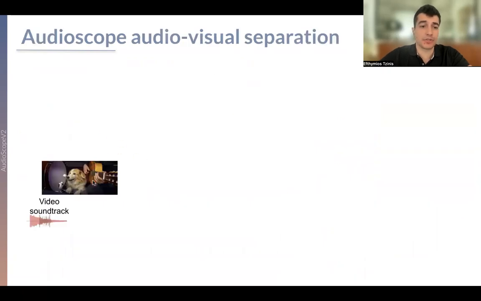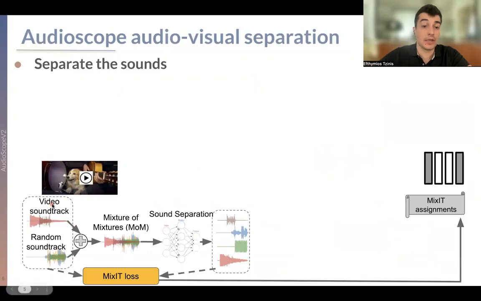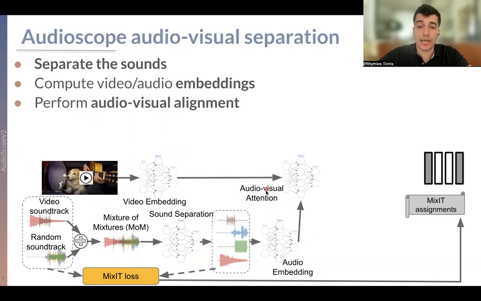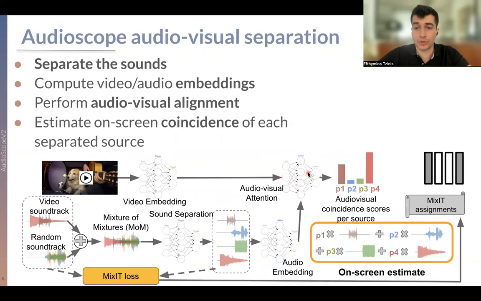In a nutshell, we start in AudioScope training with a video soundtrack. We randomly mix it with the soundtrack from the dataset, and we train a sound suppression model using a mixture invariant training loss, also obtaining the mixing assignments, which we use as pseudo labels. We compute a video embedding and one audio embedding for each of the estimated sources, and we align them through an audiovisual attention module.